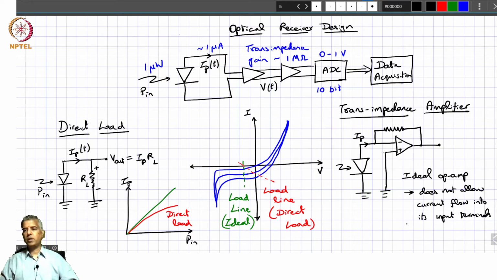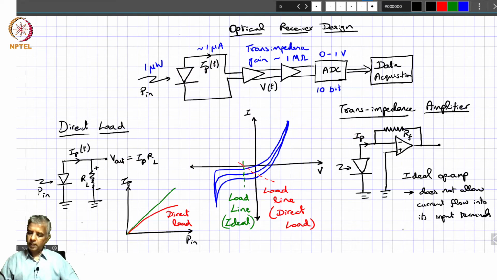So the current cannot flow here, so it has to flow in the feedback circuit, where you might have a certain resistor RF.